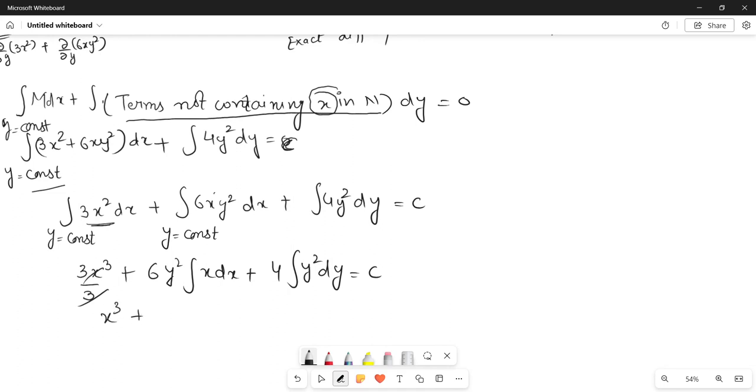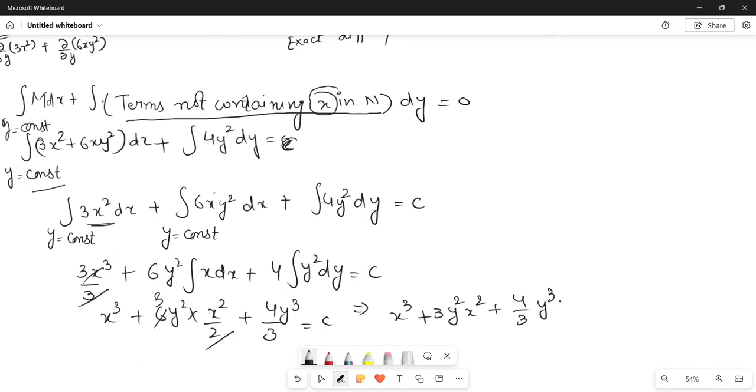So you will get x cubed plus 6y squared times x squared by 2 plus 4y cubed by 3 equals c. After solving it, we get x cubed plus 3y squared x squared plus 4 by 3 y cubed equals c. This is a solution of the exact differential equation. Thank you very much.